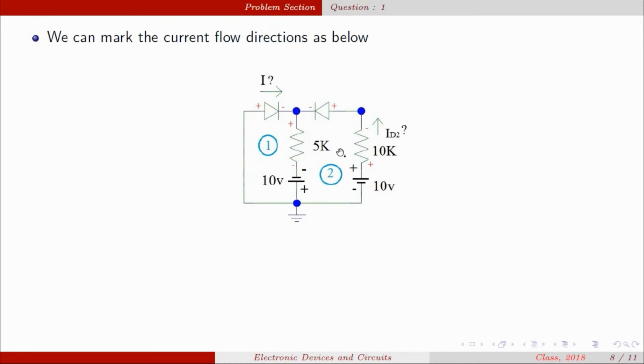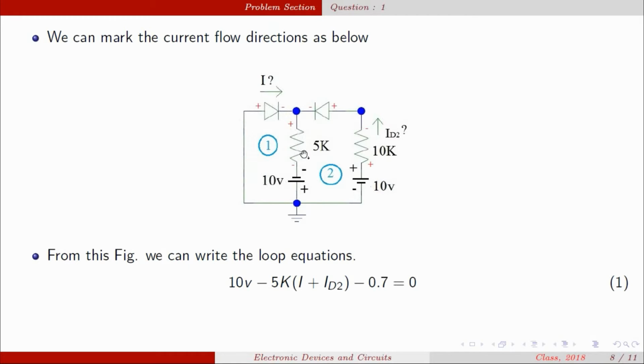First we consider the first loop. We are taking the voltage drops in the anti-clockwise direction. First we take 10 volt, so 10 volt minus, through this 5k resistance there are I and ID2. Here it is minus to plus, so we take minus 5k into (I plus ID2).